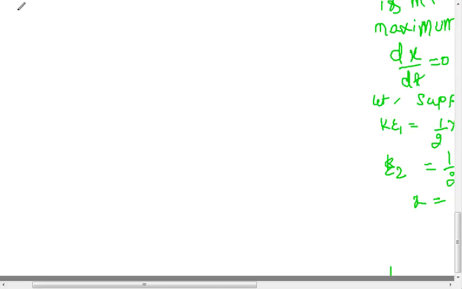So till now what we have explained to you is that at maximum velocity, f is equal to 0.